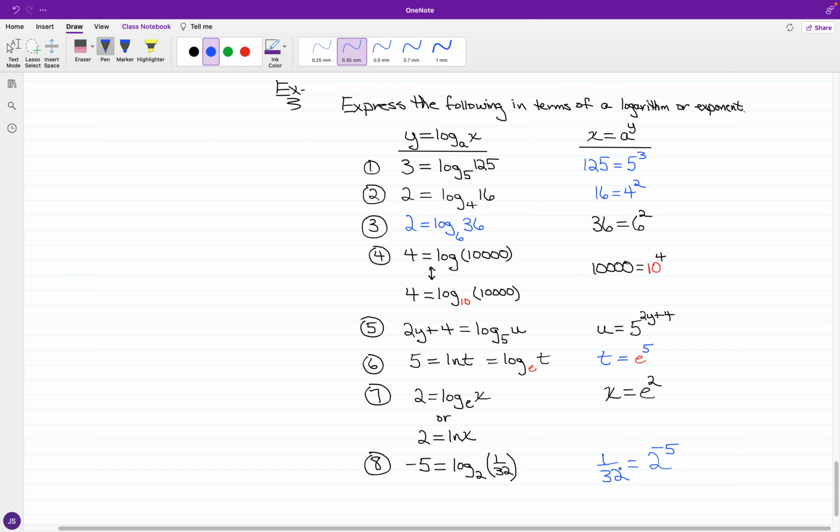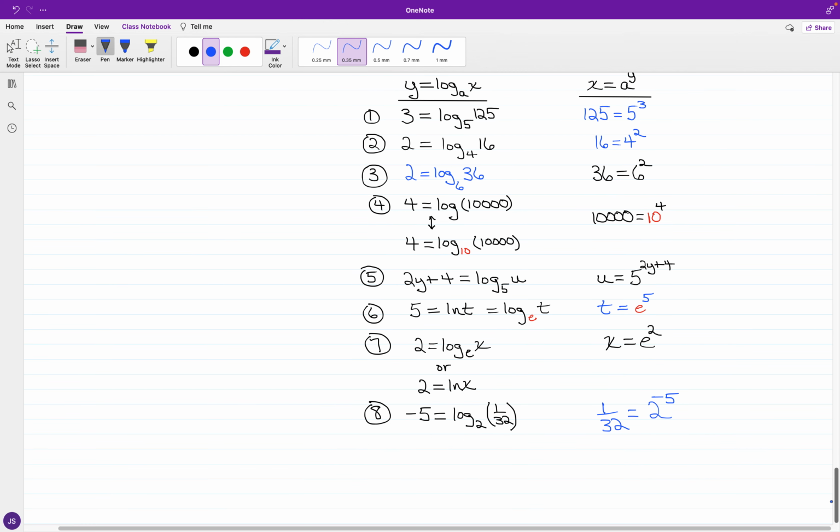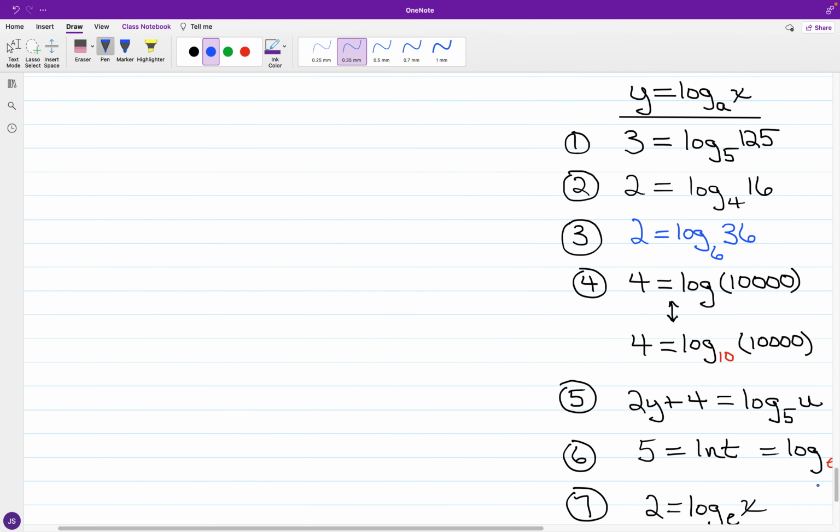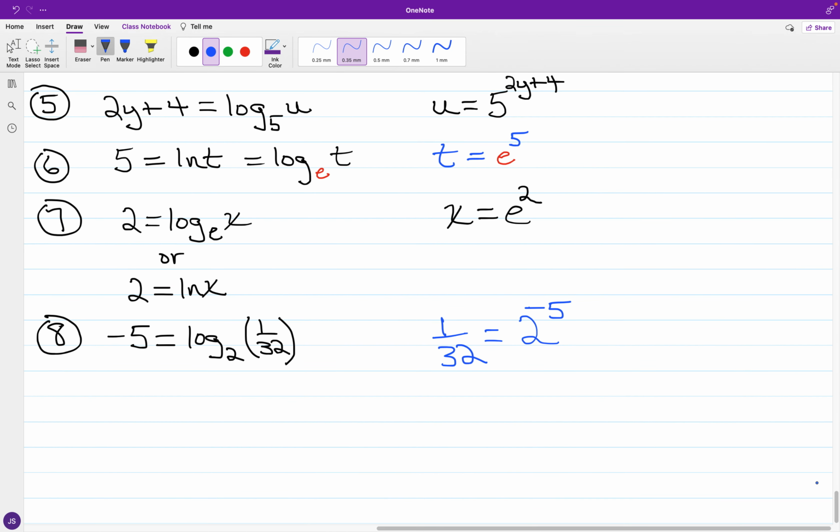So 1 over 32 comes out equal to 2 to the -5. We will be looking at cases of interchanging between exponents and logarithms, especially once we cross over to certain exponential and logarithmic equations.